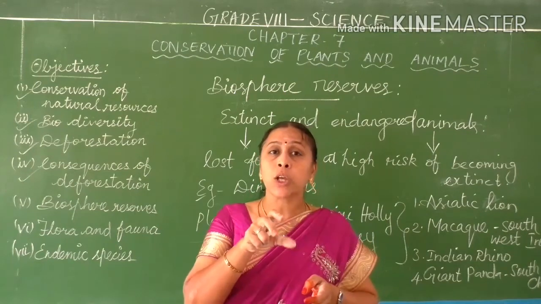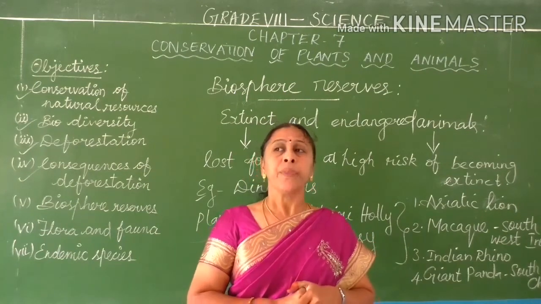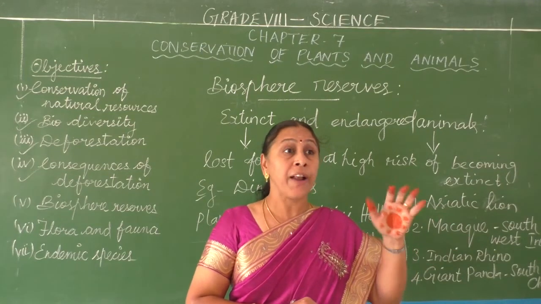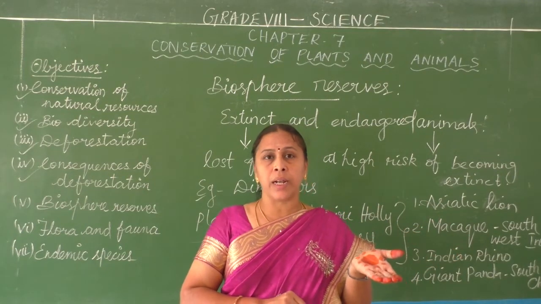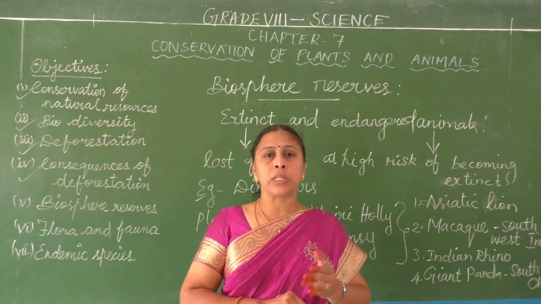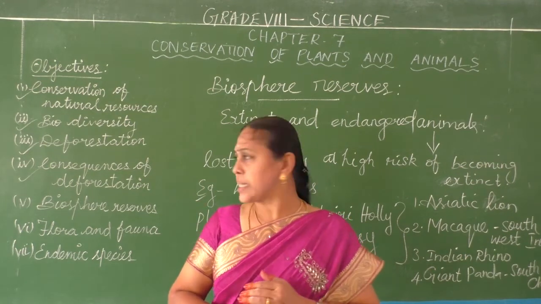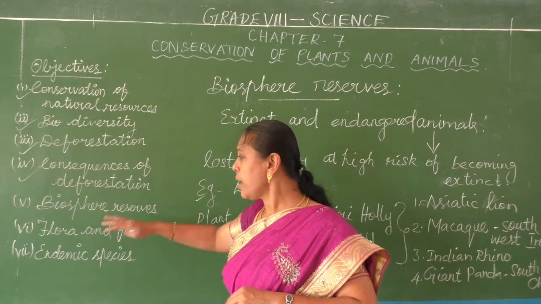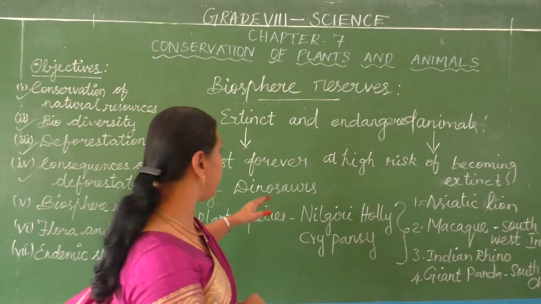Such organisms are called endemic species. Example, the flying squirrel or giant squirrel found there. There are different flora also. About that you will see in the next class.